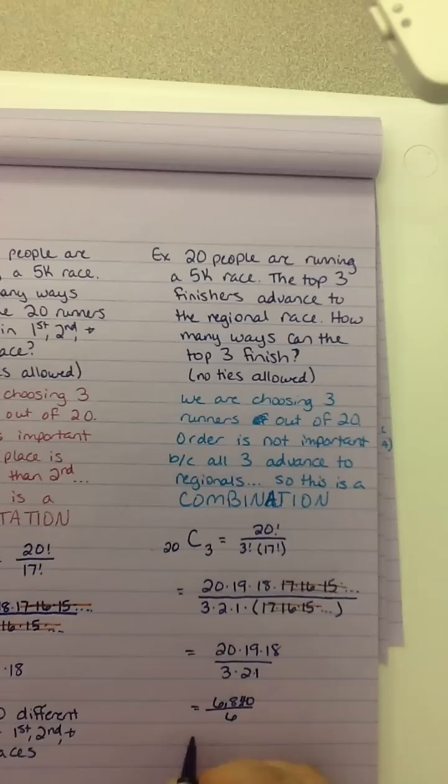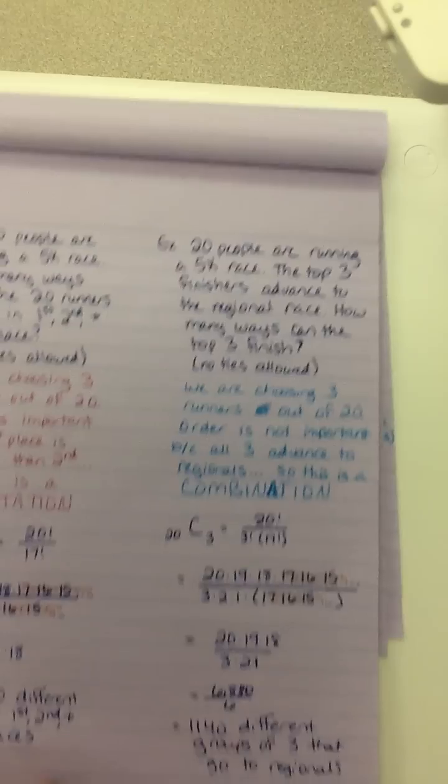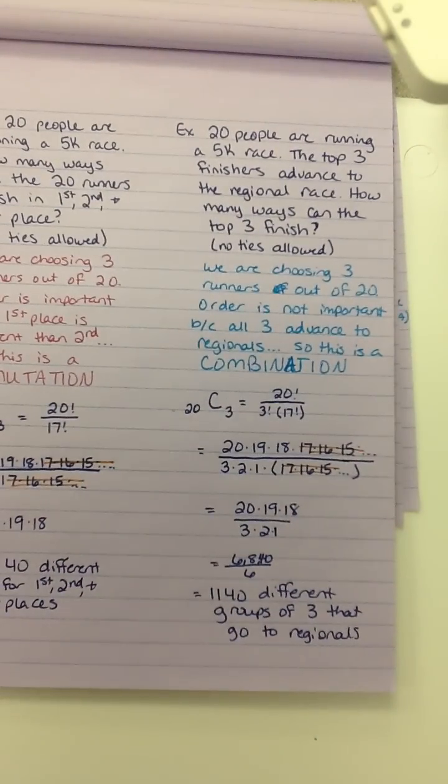So this one I will have 1,140 different groups of 3 that go to regionals. Oops, sorry, that was off the page. There it is.